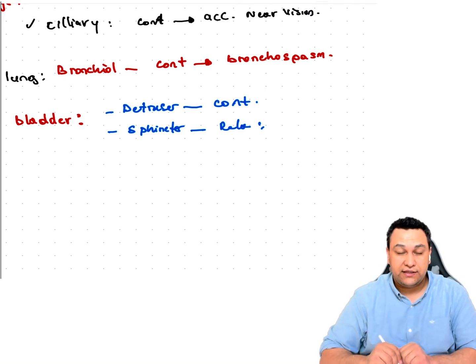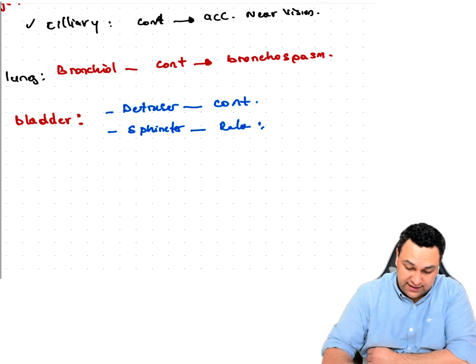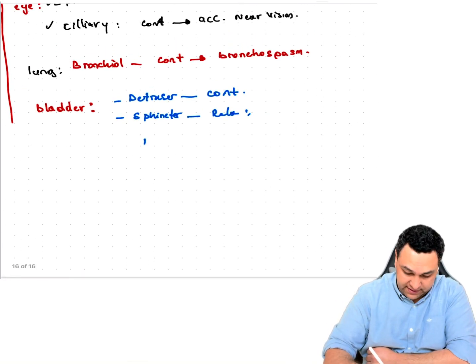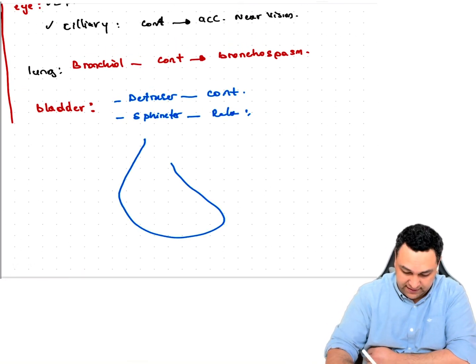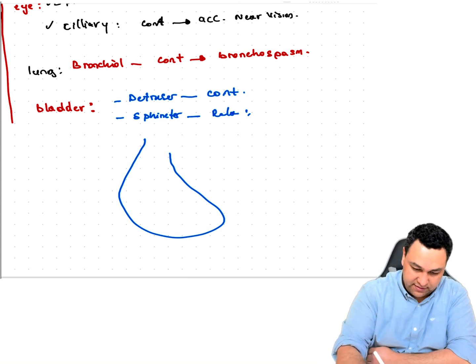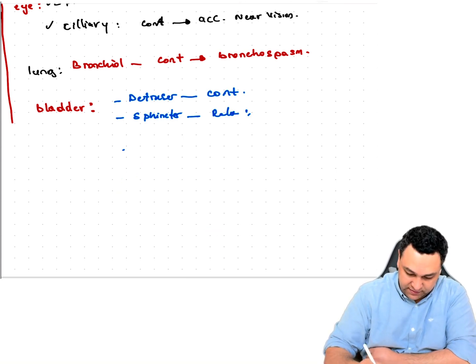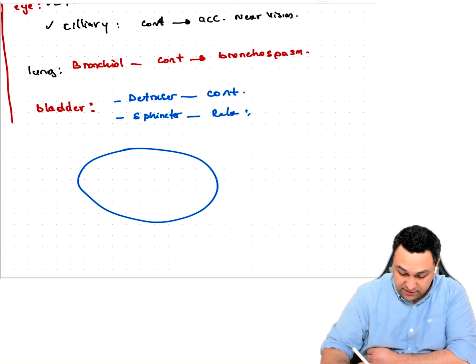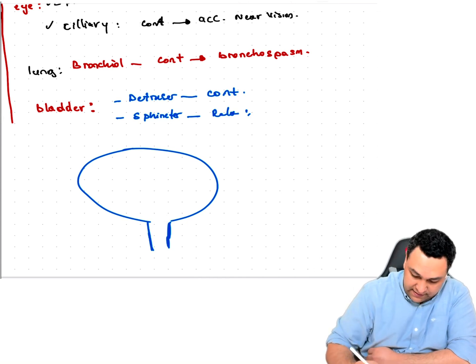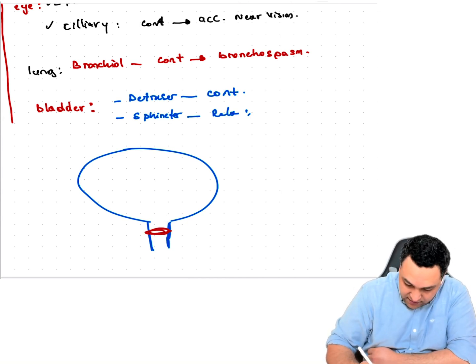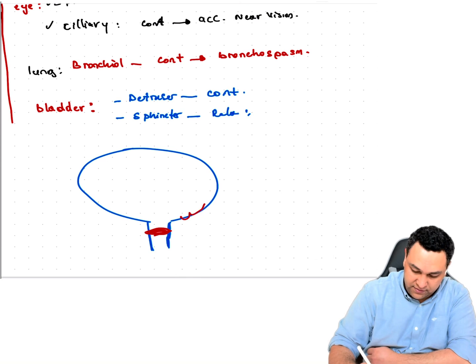urinary incontinence. It's like this, this is a urinary bladder, let's say. Okay, it's a bad diagram here. Okay, I'll just draw it like this. It's a urinary bladder. Here the urine must go, and here is the sphincter and the detrusor muscle located around the urinary bladder.